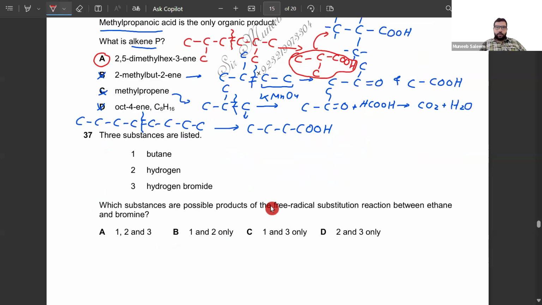I can show the same formation in a separate space. So this was the compound that we initially had. So this was the structure initially.